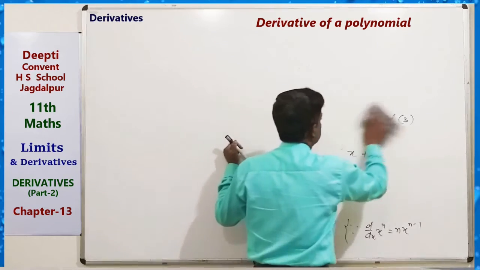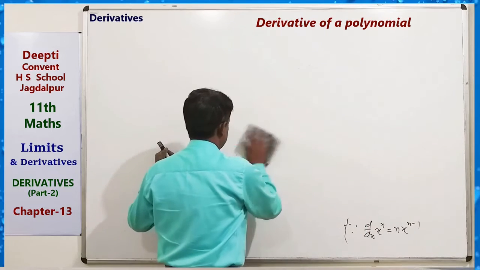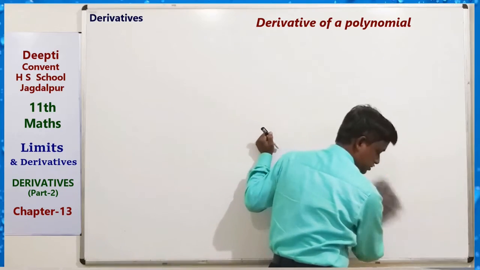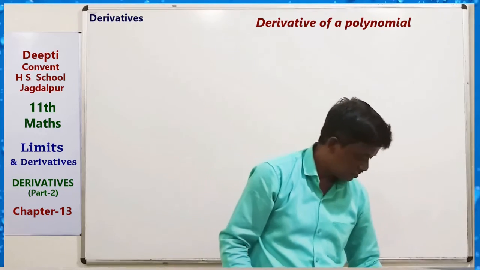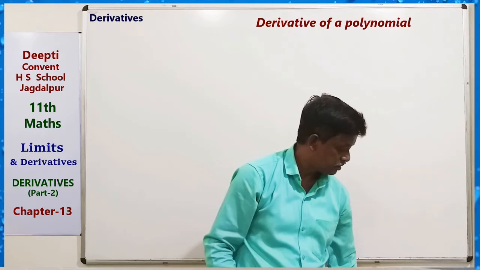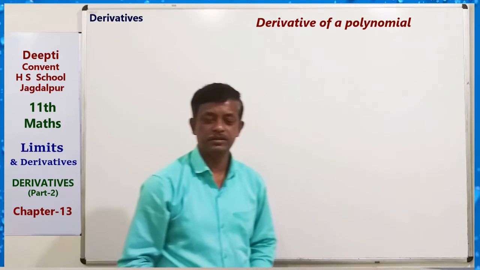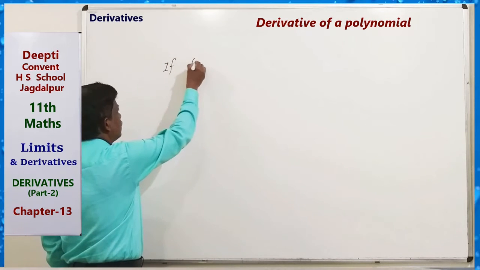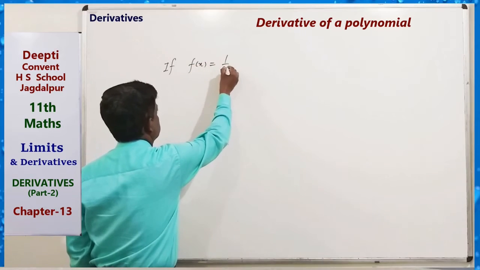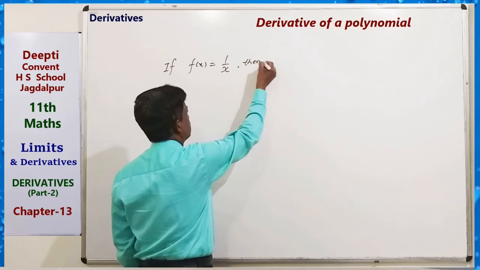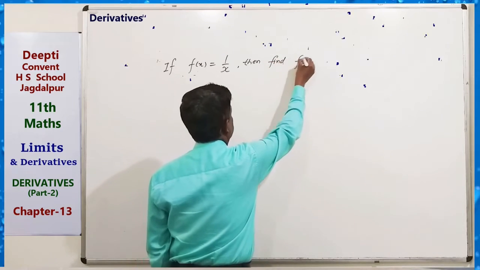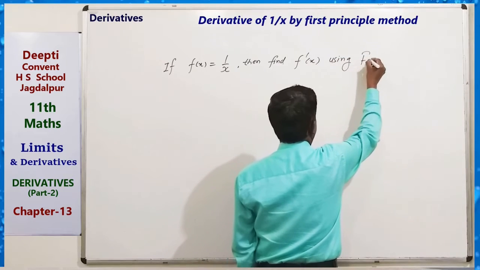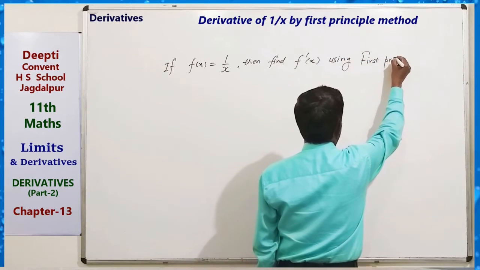Here is one more question for finding the derivative by using the first principle method. If f(x) equals 1 by x, then find f'(x) using the first principle method.